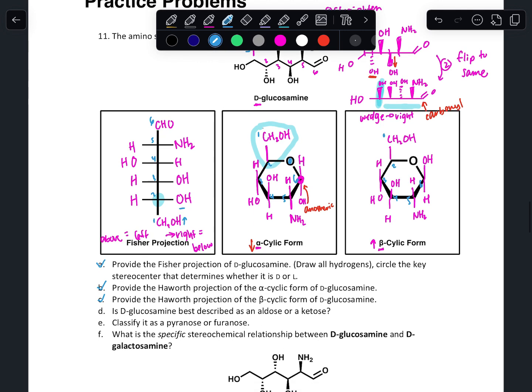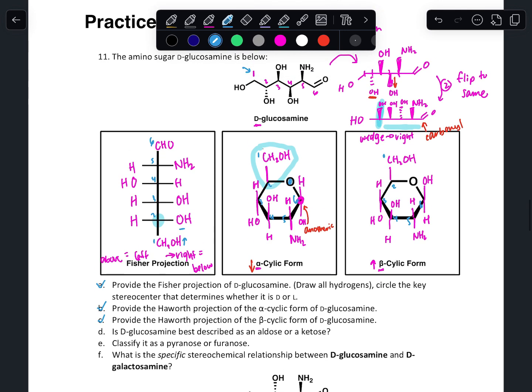Next is D-glucosamine, best described as an aldose or a ketose. When we look at this, do we have an aldehyde or a ketone? We have an aldehyde, which means this is an aldose.